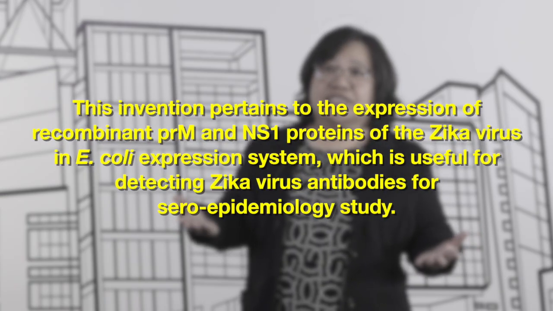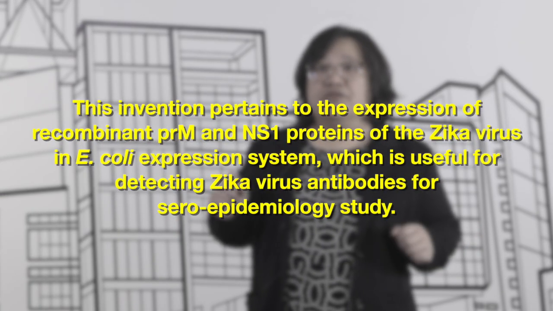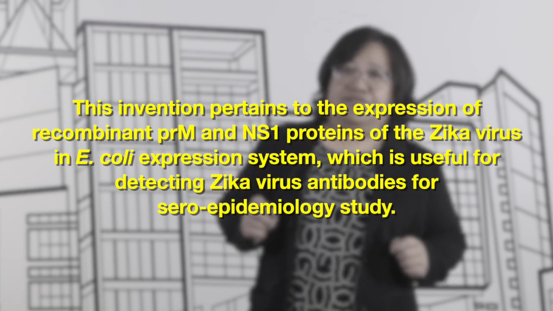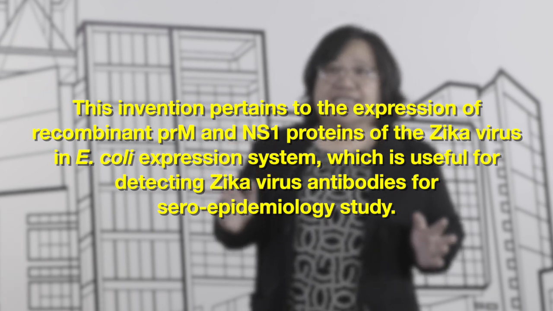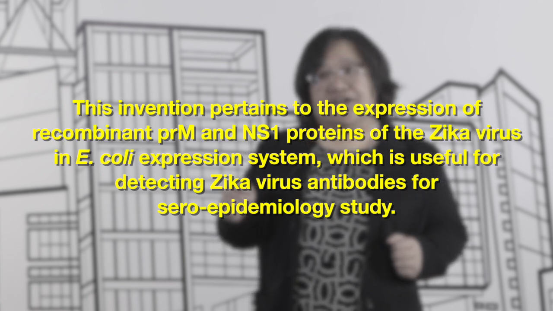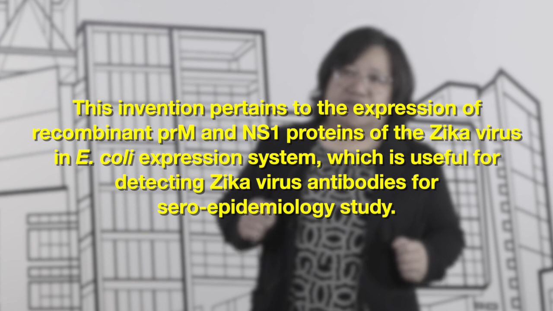So this brings us to the invention at hand. So what is the invention? This invention pertains to the expression of recombinant prM and NS1 proteins of the Zika virus in E. coli expression system, which is useful for detecting Zika virus antibodies for seroepidemiology study.